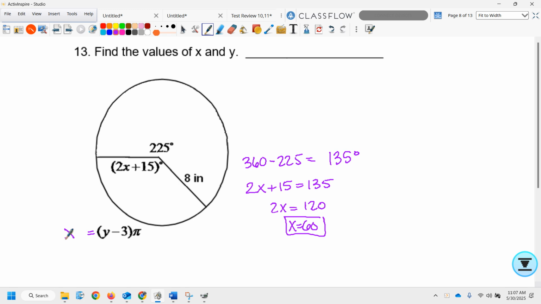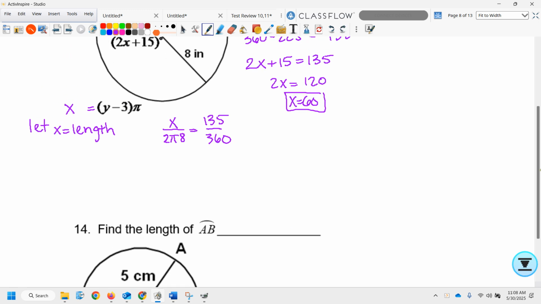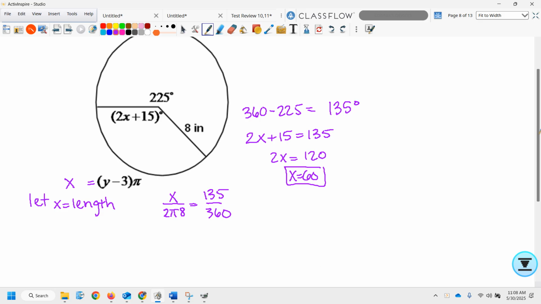All right, so since this is the length, let x equal length. So now we have x over 2 pi r, r is 8, okay, is equal to the measure of degrees. Remember, it's this measure, which was 135 over 360. I gotta scroll up a little bit. Sorry, guys. Oh, wow, that was too far. All right, cross multiply. Well, I get 360x, 2 times pi times 8 times 135 is a big number.